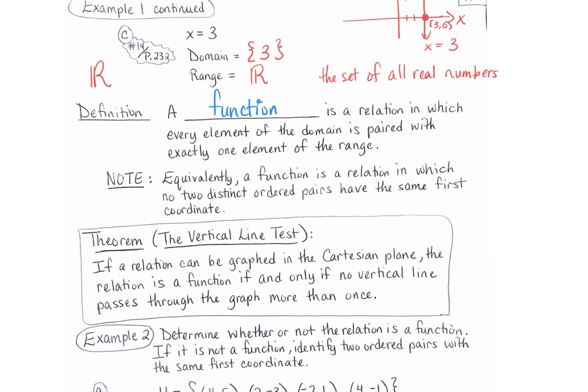A set of ordered pairs. You got it. So a function is a set of ordered pairs with certain properties where you can identify your domain and your range. A function is a relation in which every element of the domain is paired with exactly one element of the range.